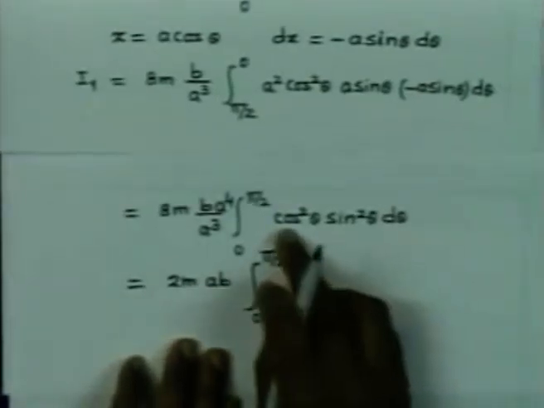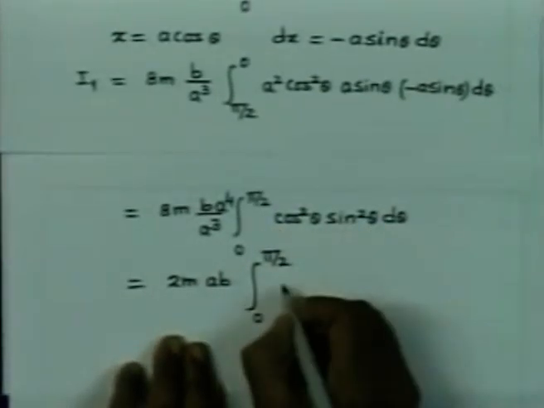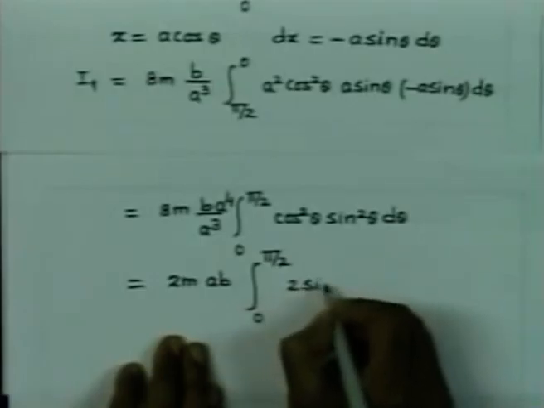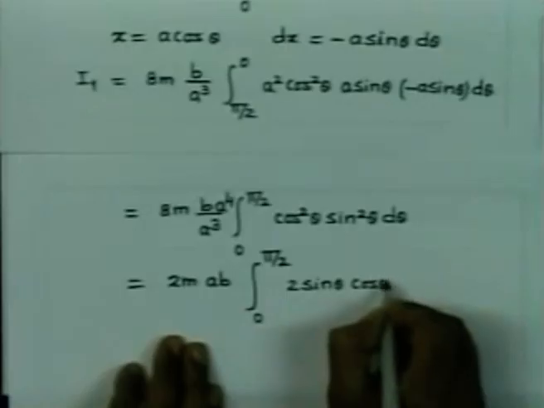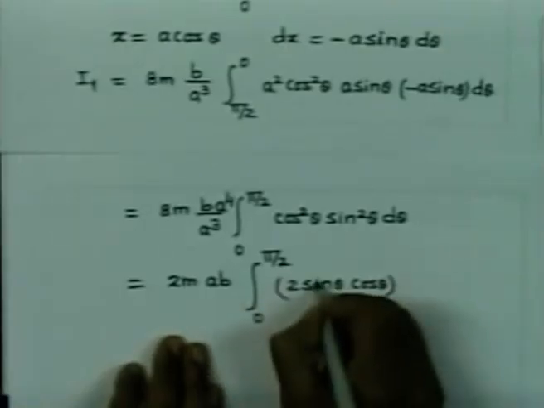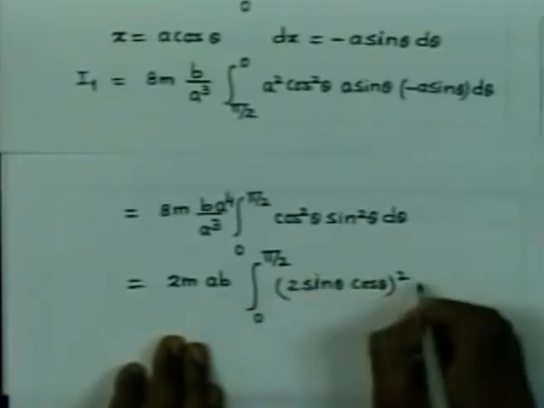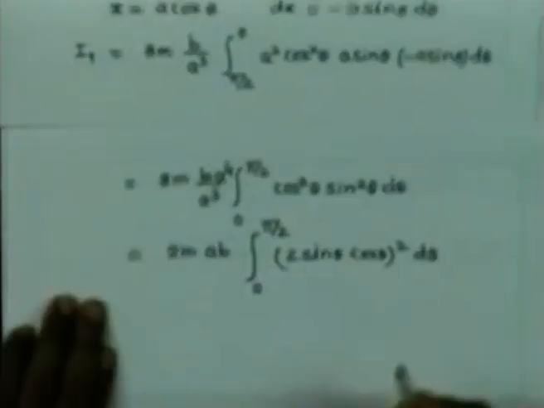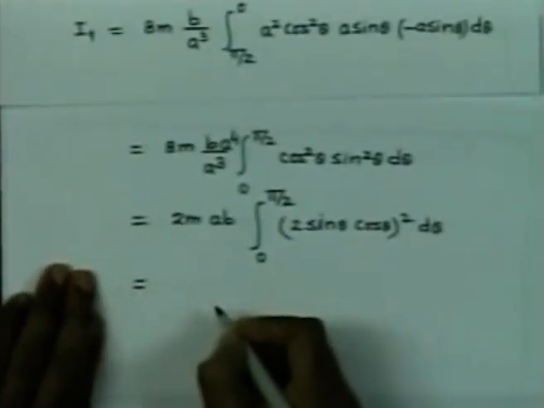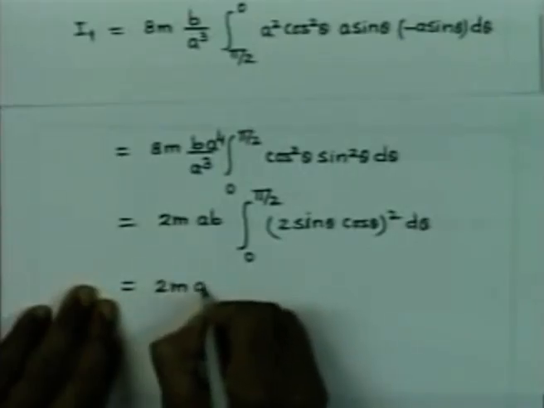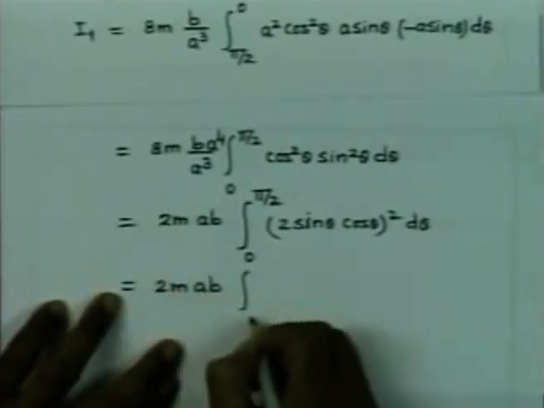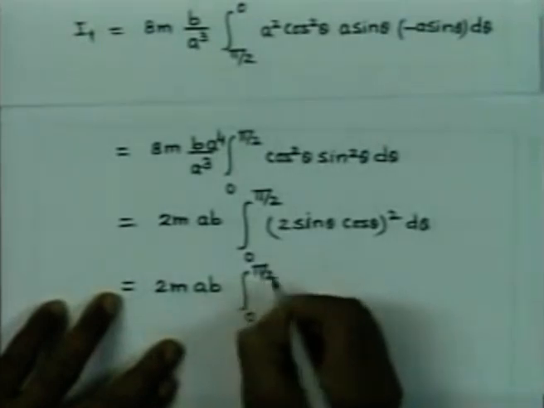We will have 4 cos square theta sin square theta, which can be written as 2 sin theta cos theta whole square d theta, and that is equal to 2 times m a b, 0 to pi by 2.